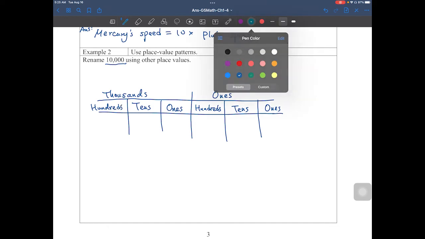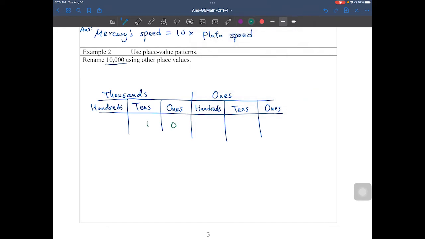So we have 10,000. 10,000 equals 1 times 10,000. 10,000 also equals 10 times 1,000. 10,000 also equals 100 times 100.